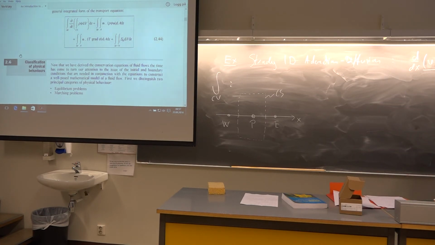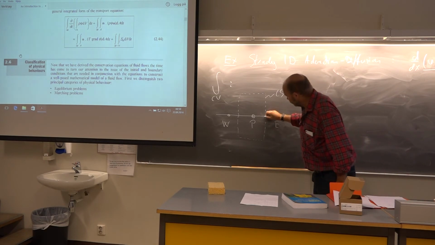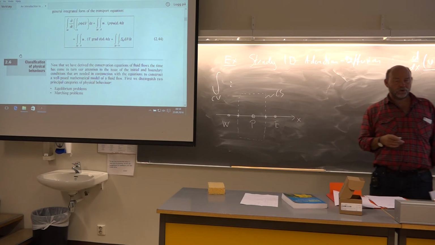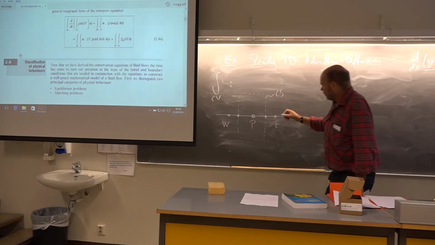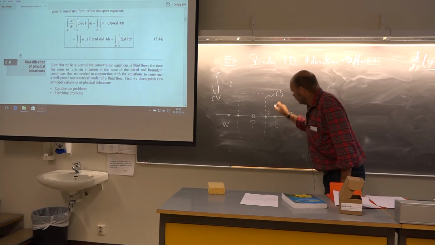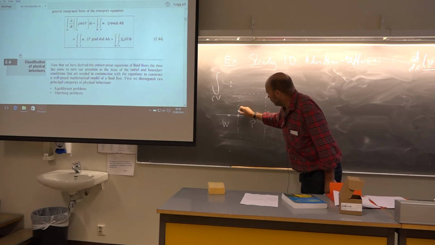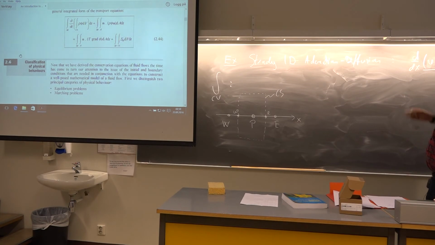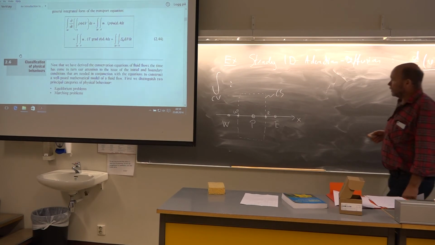Then when I do this volume integral of the equation, I'm going to need the values here on the control surfaces. I'm going to need the values here on a small eastern wall and the west wall. So this one will now become something like this.